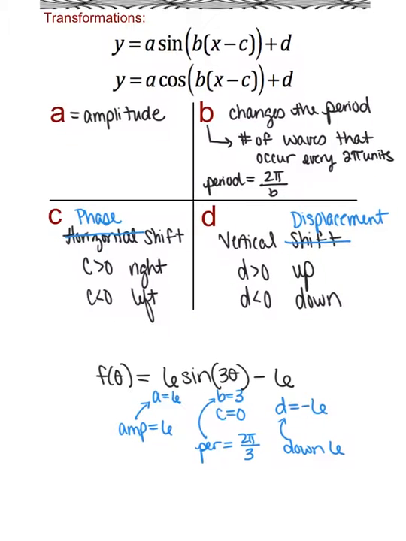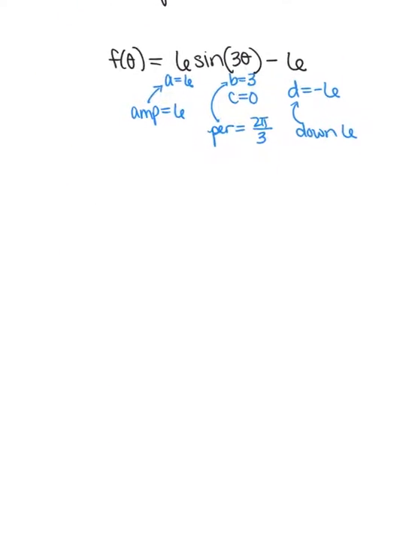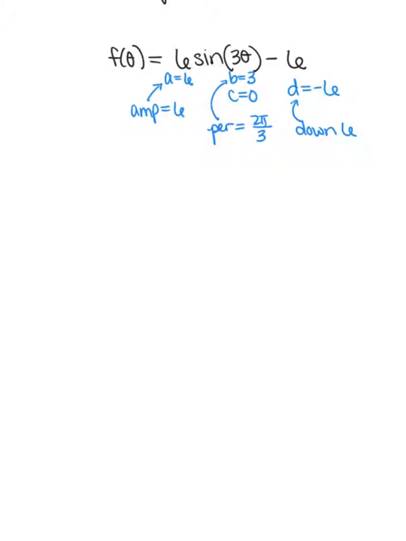Let's look at another example. Let's say I have f of theta equals 2 cosine of 6 theta plus pi. I kind of want to rewrite this because that's confusing.